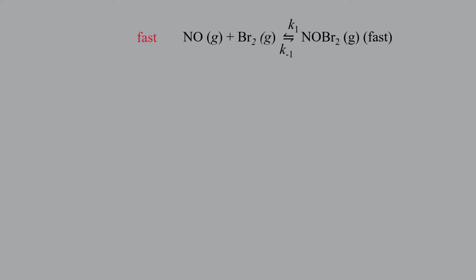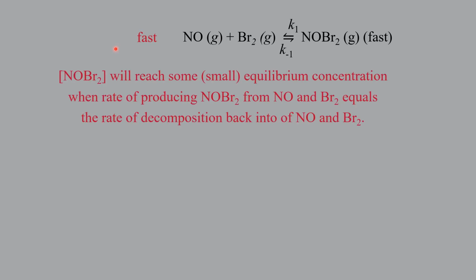All right, so in cases like that, it's important to look at the step before it in the mechanism. And in this case, it's an equilibrium step. And this is something we can use to our advantage. So here's how we do that. So the idea is that the thought, or the hope, and this usually works out, is that for intermediates, they're normally going to reach some very small concentration.